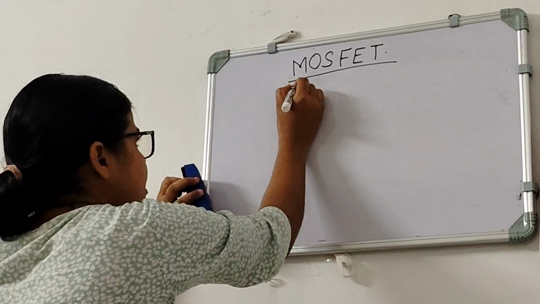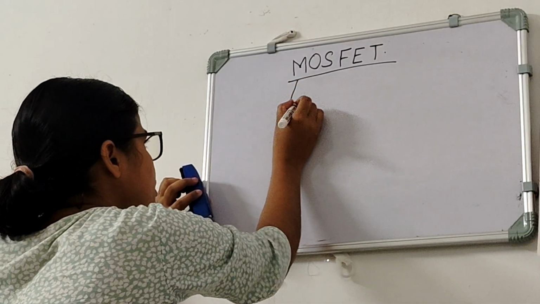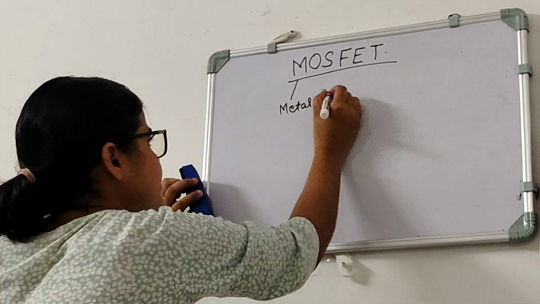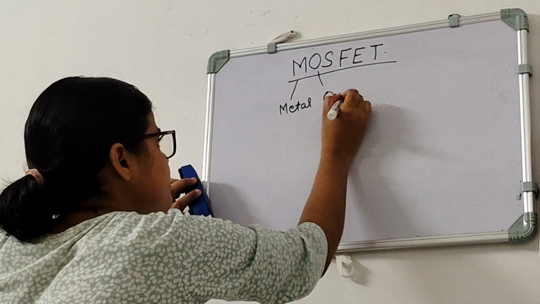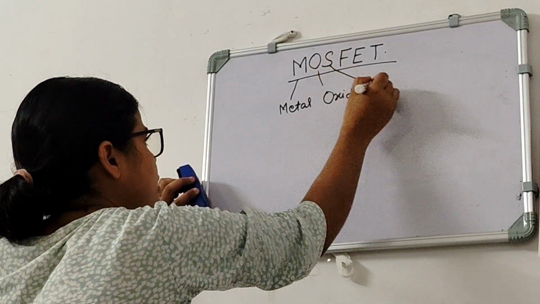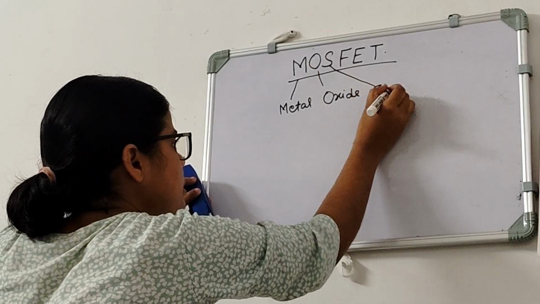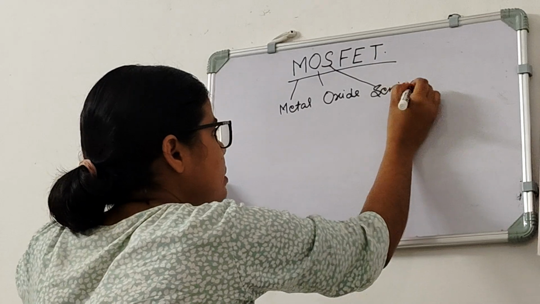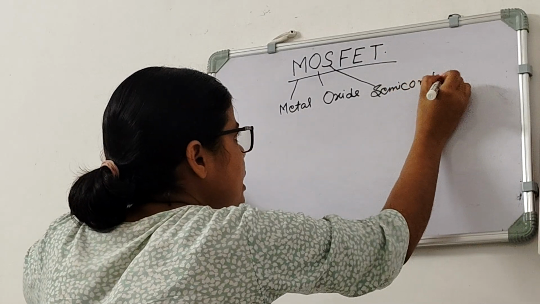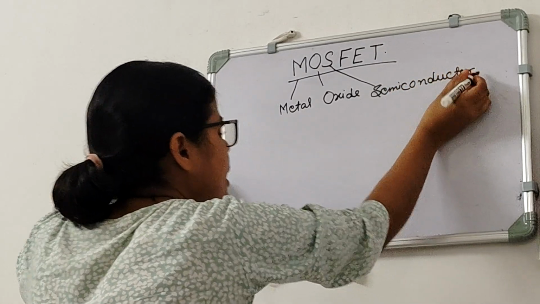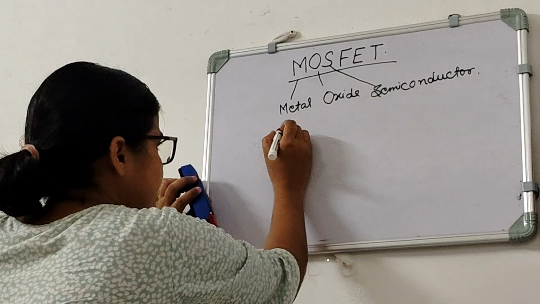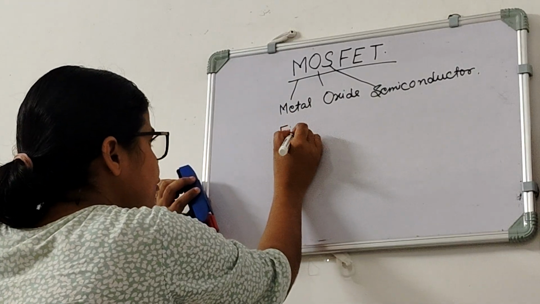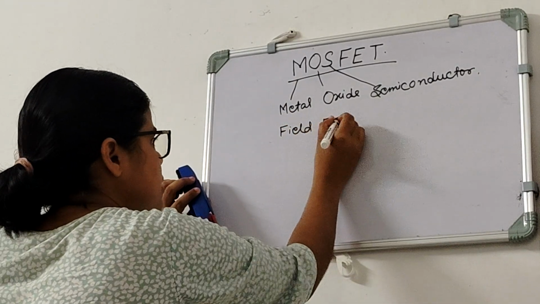So M means metal, O means oxide, S means semiconductor. I hope everyone knows it, but still I am writing it. And FET is field effect transistor.